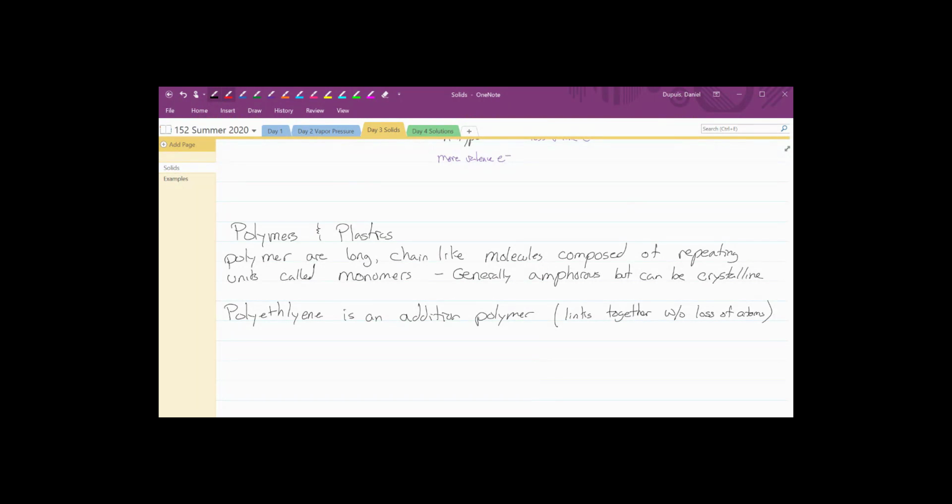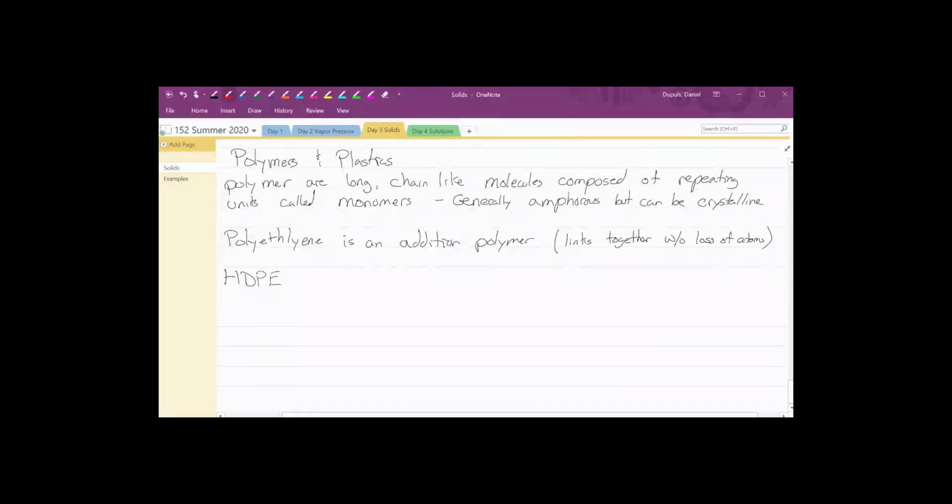Polyethylene is an addition polymer. We don't lose any atoms. Right? There's two that we know about. There's HDPE. All right. This is high density polyethylene.